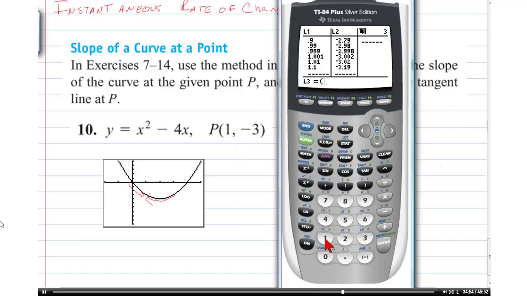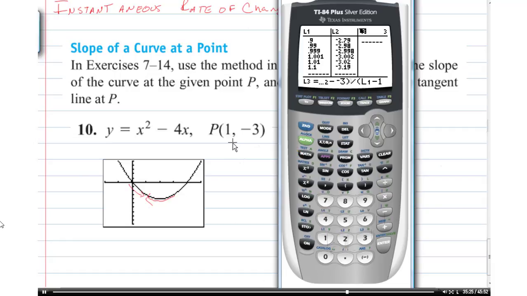So that's second 2 minus the y, those are the Q's, minus our point P, which was at 1, negative 3. The y value there is negative 3, divided by our x values, which is list 1, minus our x value here, which was 1, and this came from the problem.